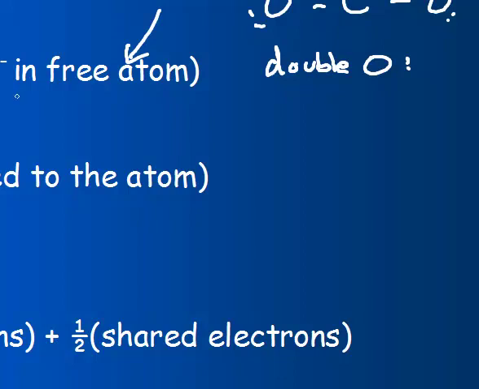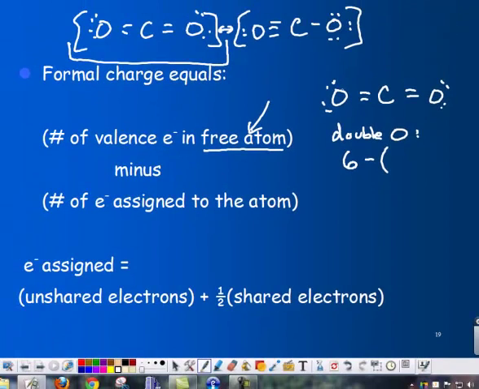All right, so the number of electrons in the free atom. For oxygen, it's in group 16, so it has 6 valence electrons, or group 6A, minus the number assigned in the molecule. So now it's doubly bonded to carbon. I want to figure out how many are assigned to it. Well, that is the number of unshared electrons plus 1/2 of the shared.